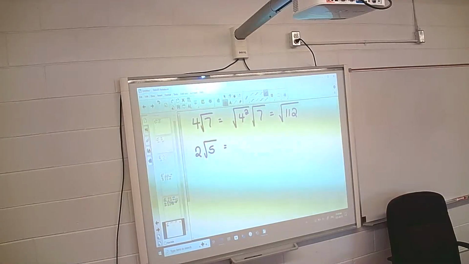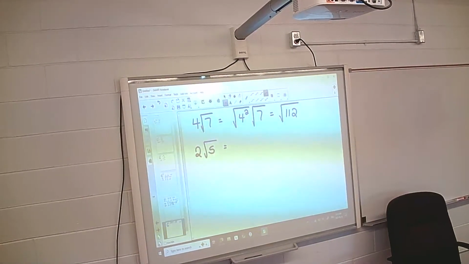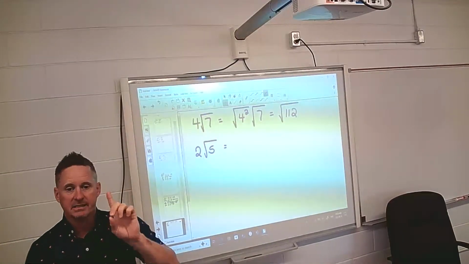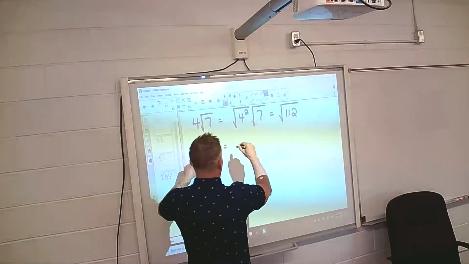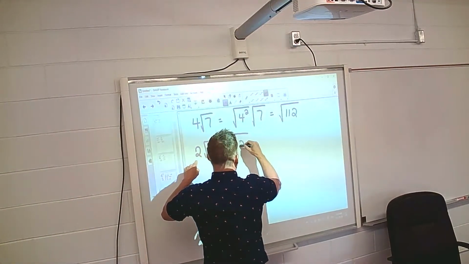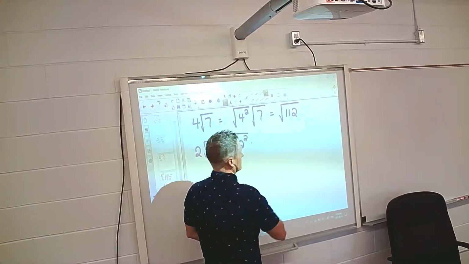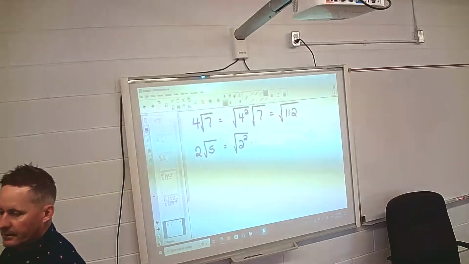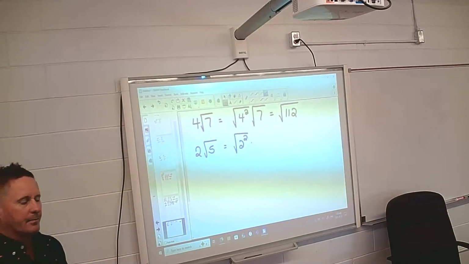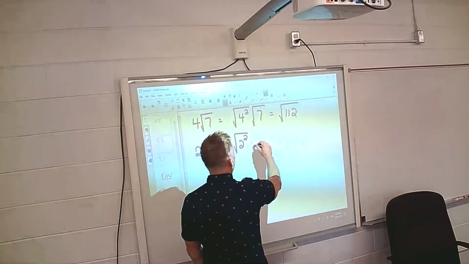It's not an index. The index is the little guy. It's a coefficient. A coefficient in the square root. Yeah, and square it. Exactly. That's all there is. Step number 1: put the root value over that and square it. That's your first step. I still have root 5 here.